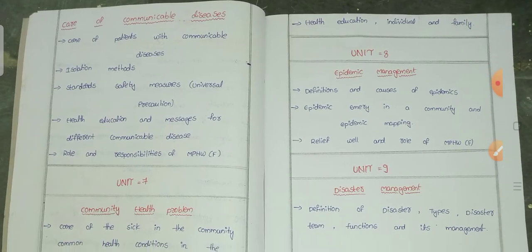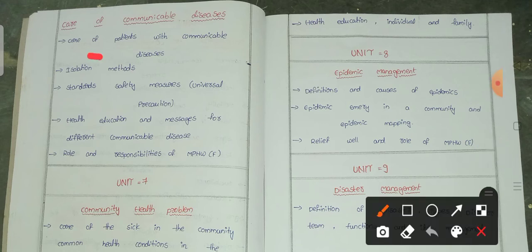Okay, continuation of the sixth unit, care of communicable diseases. Now, in this, we have already discussed in the introduction class. So if you have in-depth knowledge regarding introduction to communicable diseases, based on that you can provide better care to the patients who are suffering with health problems, like isolation methods. In this, isolation methods are very, very important.